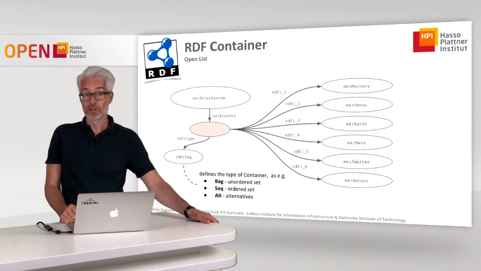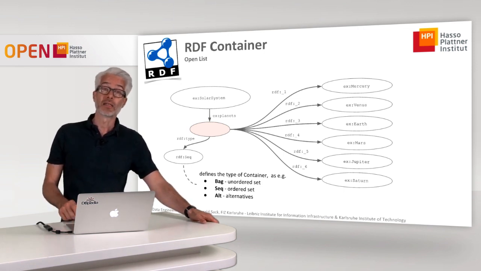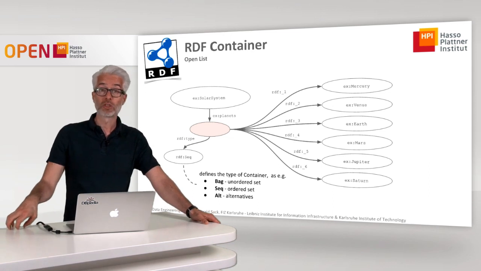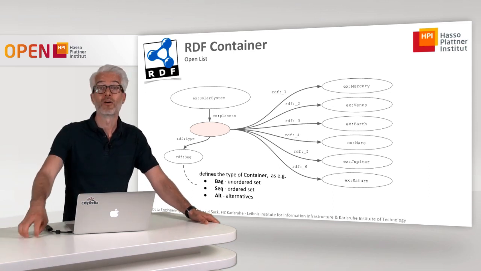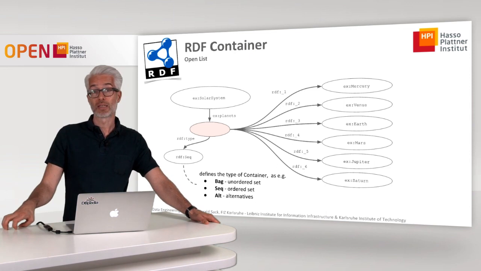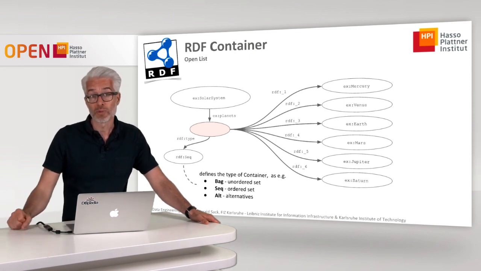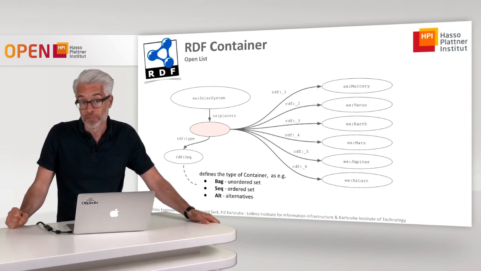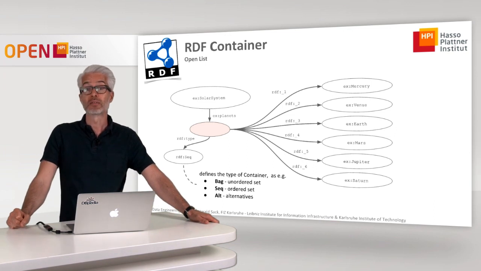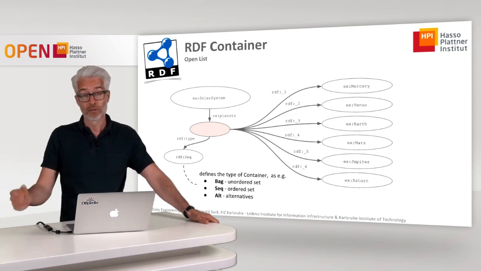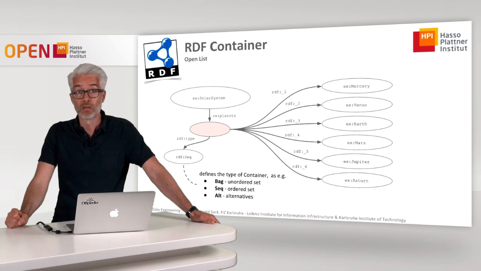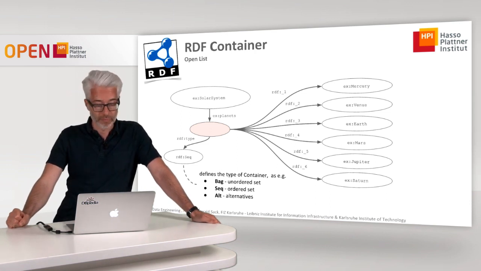And you have a third possibility. This is an alternative, rdf:Alt, which means you define in a container a collection of things from which you can choose one. So all these things that are put in the container, they are alternatives. You can choose simply one. Which one doesn't matter. So this would be then an alternative container. So these three possibilities are given within RDF.